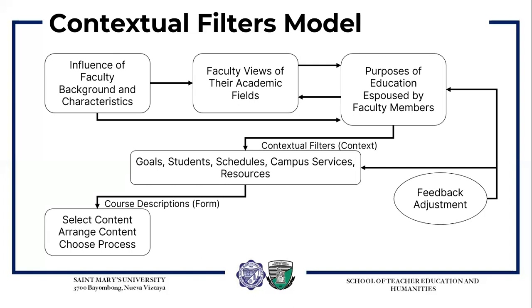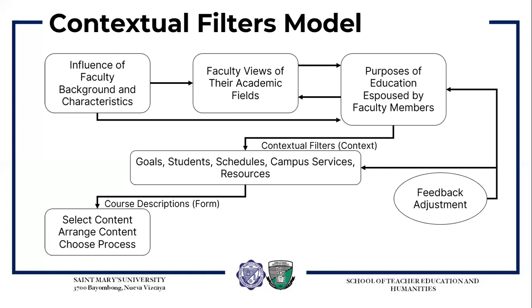Now, after knowing our goals, understanding our students, schedules, campus services available, and the resources available, it is now ready for us to develop the form of the curriculum by starting with course descriptions, in which we try to select content, arrange content, and choose processes.